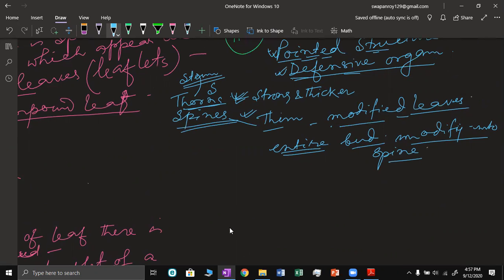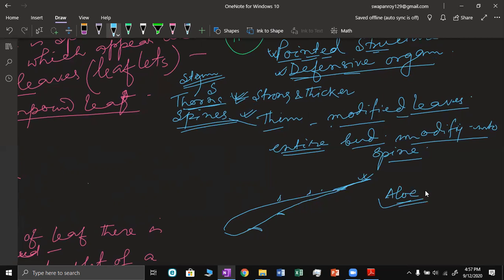Say in case of pineapple, what you will find at the tip portion is very much pointed. In case of aloe, you will find at the margin there is a pointed structure, a spine.